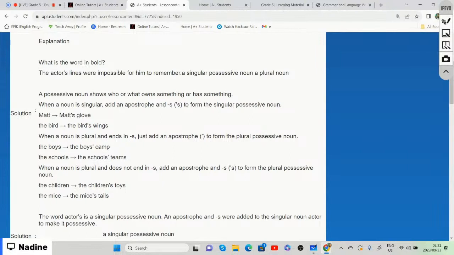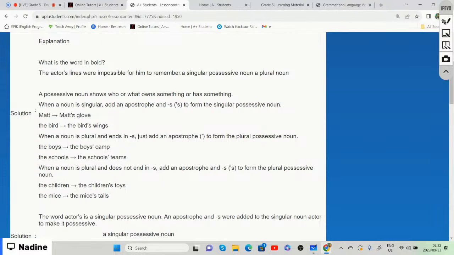Matt's shoes. Jane's coat. Sarah's party. Emily's books. So that is showing singular possessive nouns.